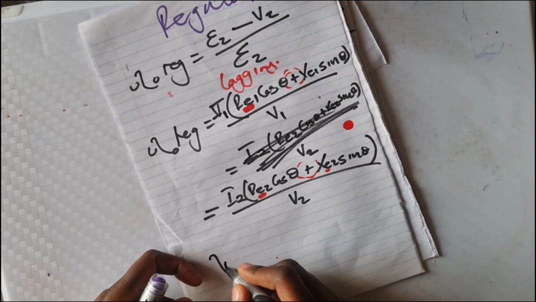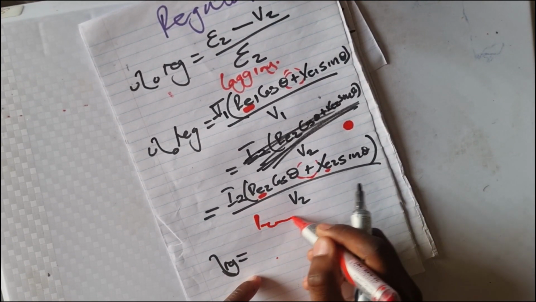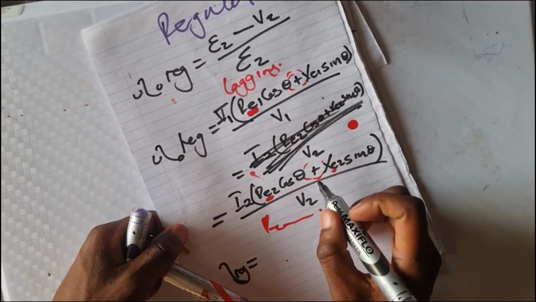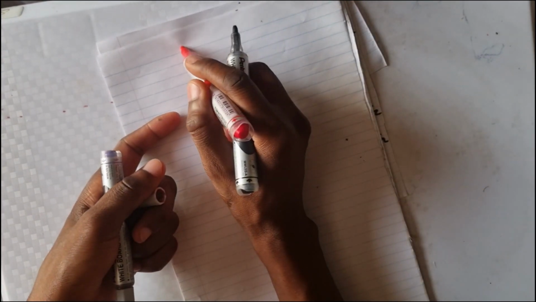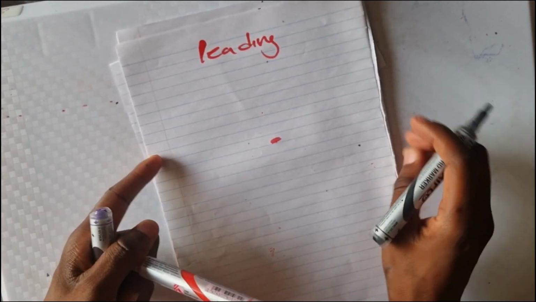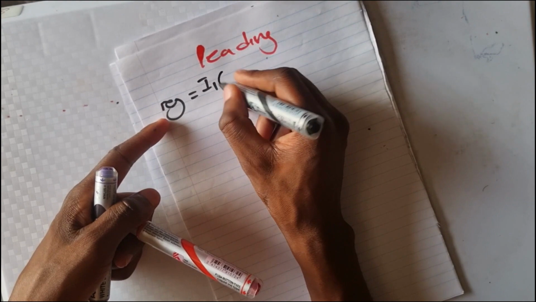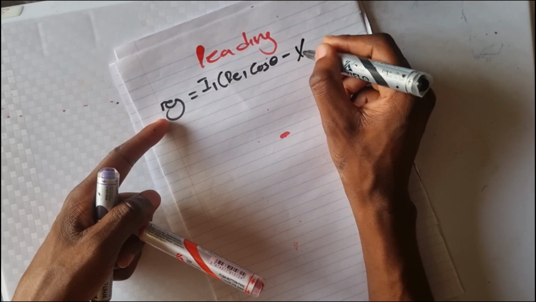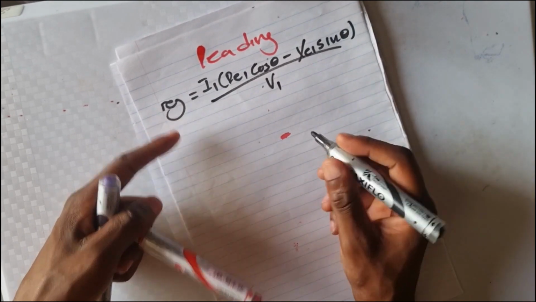If our load has a leading power factor, then the formula for regulation is going to be I1 RE1 cos theta minus XE1 sin theta all over V1.